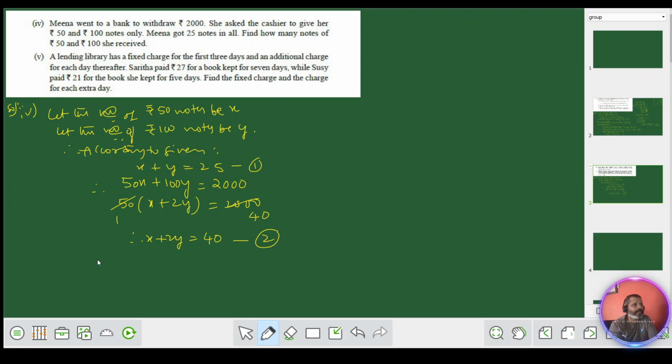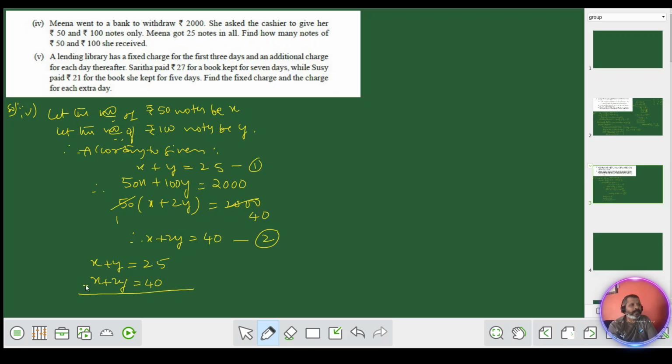Then we can subtract them to get the other value. x plus y is equal to 25. x plus 2y equal to 40. Please make sure when you construct any equation, try to put it in simplified form so that it eases your work going further. Otherwise, it will make you do tough multiplication calculations.